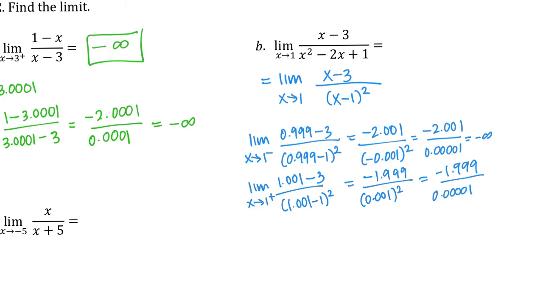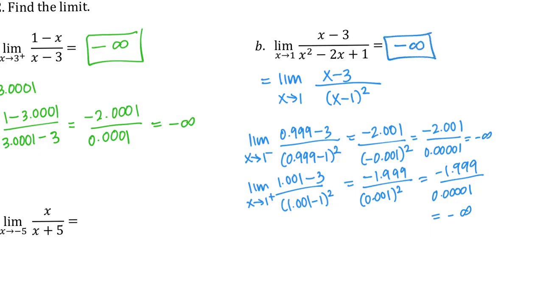So I have a negative almost 2 divided by a positive 0, which is going to give me a negative infinity, which actually matches the other side. Okay, so since the limit as x approaches 1 from the negative is negative infinity, and the limit as x approaches 1 from the positive is also negative infinity, I can conclude that the limit as x approaches 1 of the original function was negative infinity.